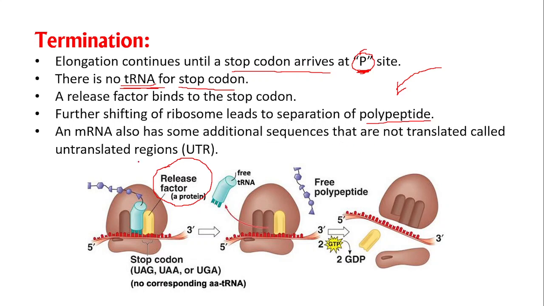They are called untranslated regions. I want to make it clear that soon after the release factor enters the A site, the larger subunit of the ribosome, the smaller subunit of the ribosome, and the mRNA, all three, will get dissociated from each other.